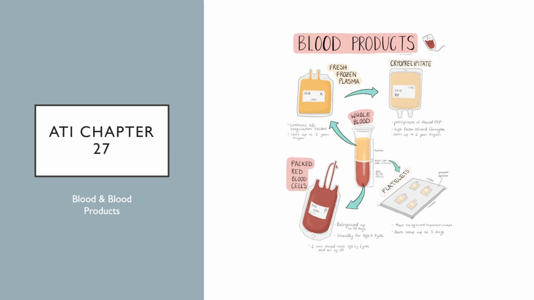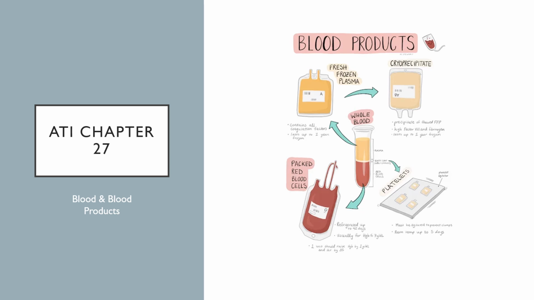You give whole blood as a donation, and then the lab, the blood clinic will break it down into its components, which are plasma, and we call that fresh frozen plasma, since it's kept very, very cool. The red blood cells, we call them packed red blood cells, packed RBCs, and then the platelets.